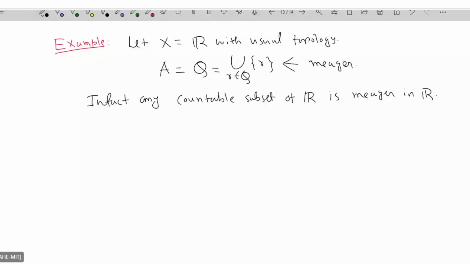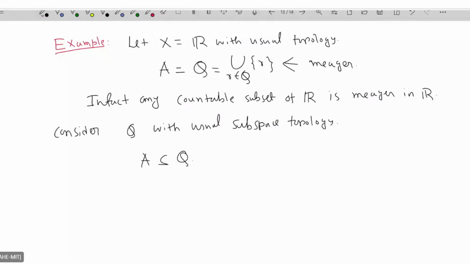Has to be, right? Okay, let's say Q, consider Q with the usual subspace topology. A is a subset of Q. Okay, A is any subset of Q. Now, what is the closure of A in Q?